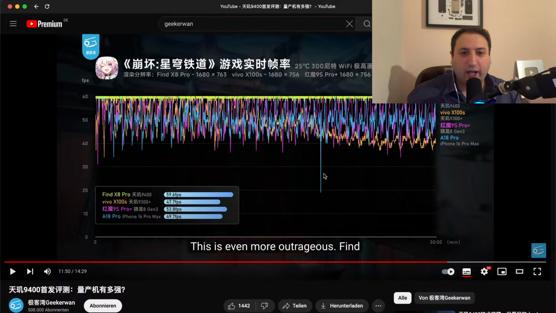Now the iPhone has better cooling than before, but this chip is way more efficient than the Dimensity 9300. So in some ways it pulls 2 steps ahead, but Apple closes at least 1 step there. So it's really interesting, and this is the kind of competition that I really love to see.